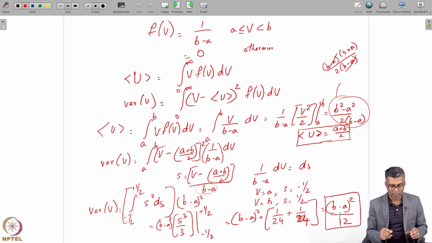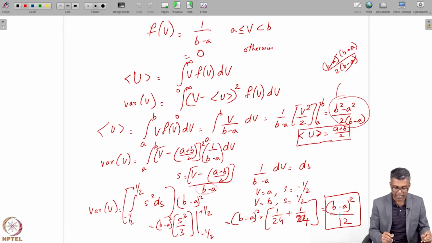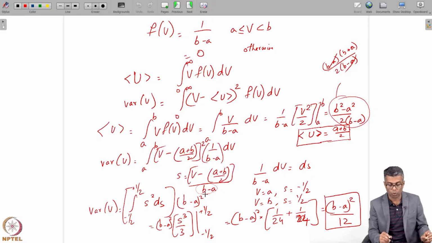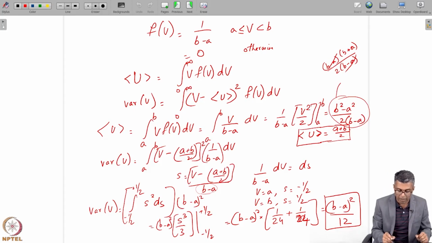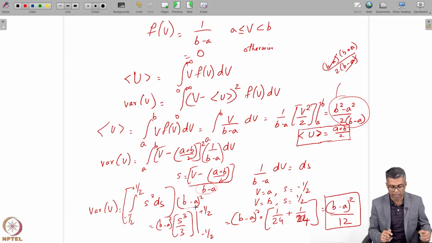Here it was just simple integration. All I had to do was make a substitution such that my limits become more straightforward to calculate. If I make the substitution that s is equal to (v − (a + b)/2)/(b − a), then I don't have that divided by (b − a) squared, so that is why I end up multiplying by (b − a) squared, and then I have s squared ds, isn't it?